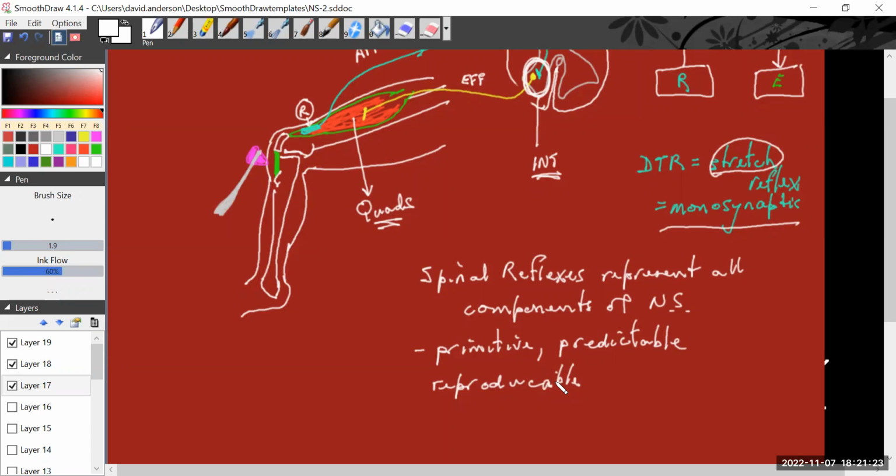Spinal cord integration is very, very simple. So it's basically sort of like your all or none. You got sensory in, motor out. There's no refining. There's no smoothing. It's a very exaggerated response, but it indicates that all your components in the nervous system are working.